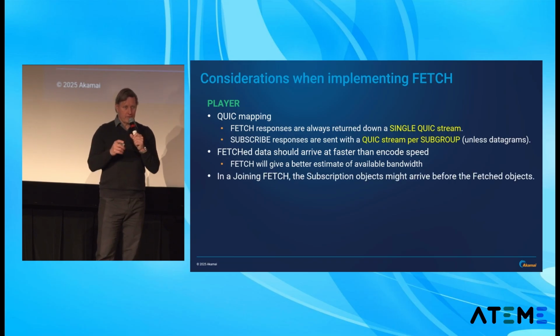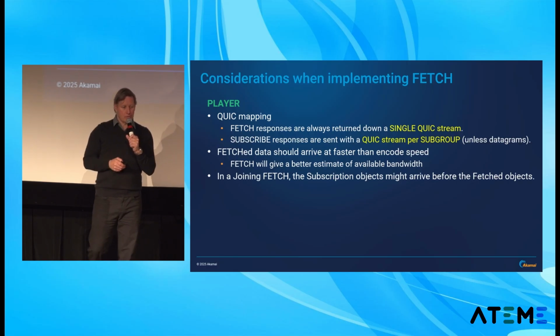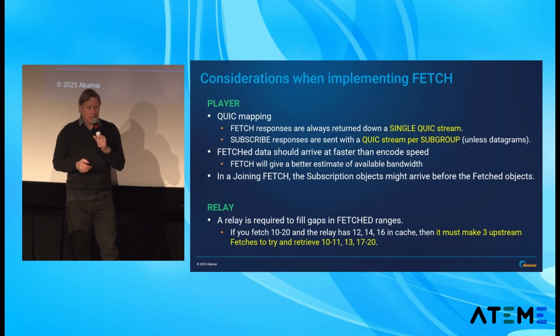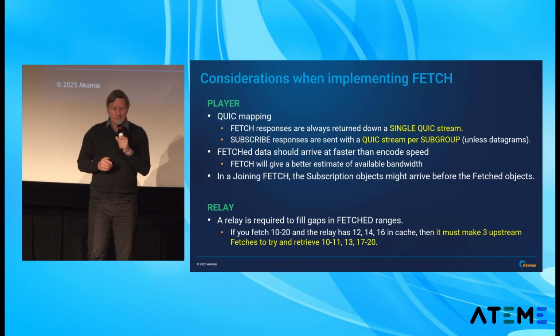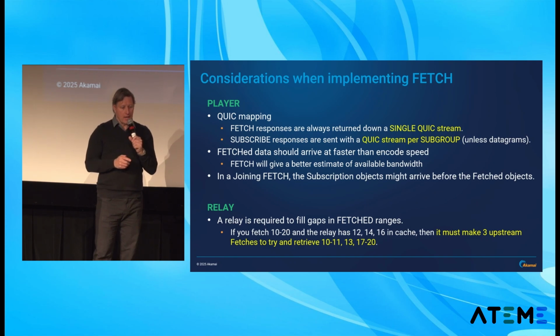And in a joining fetch, it's not a guarantee that your fetch will arrive before your subscription. So you need to be careful as the objects come back and realign them in the right order. In the relay, it's required to fill gaps in fetches. This, I think, is actually an issue for MoQ. I am very much against the fact that we allow non-contiguous group IDs.